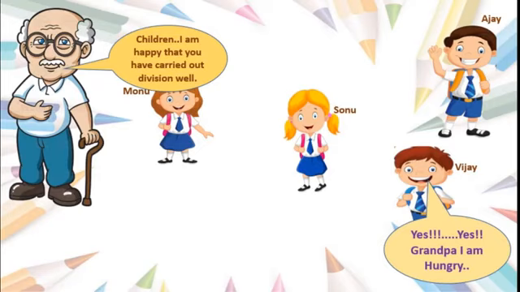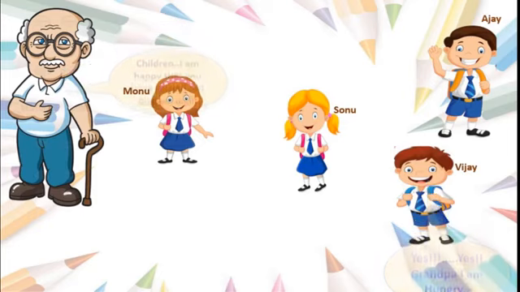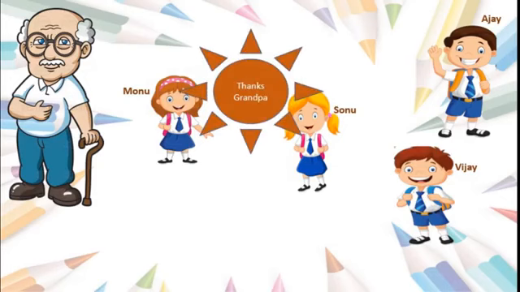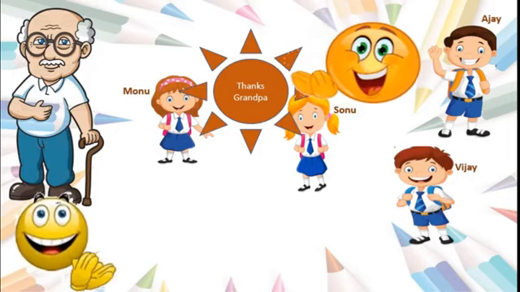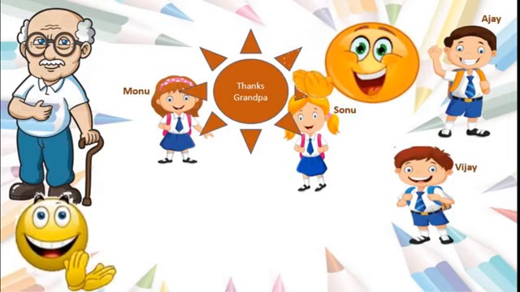Then Grandpa said, children, I am very happy that you have carried out division well. All students said, thank you, Grandpa. And these are claps for you all, said Grandpa.